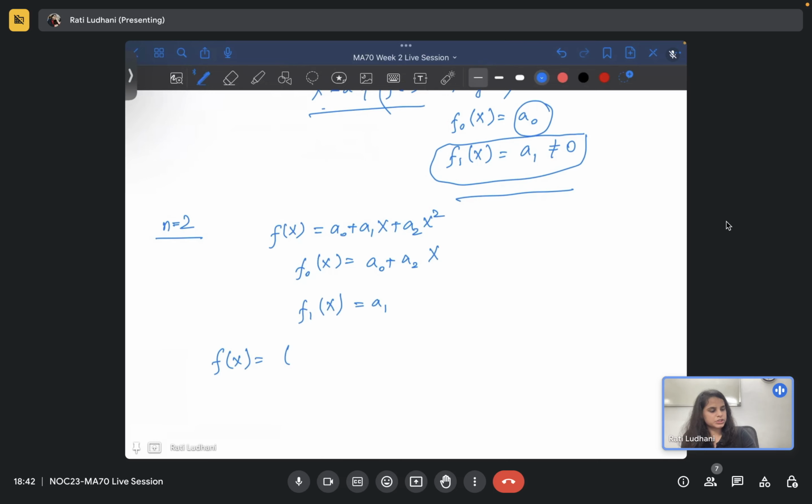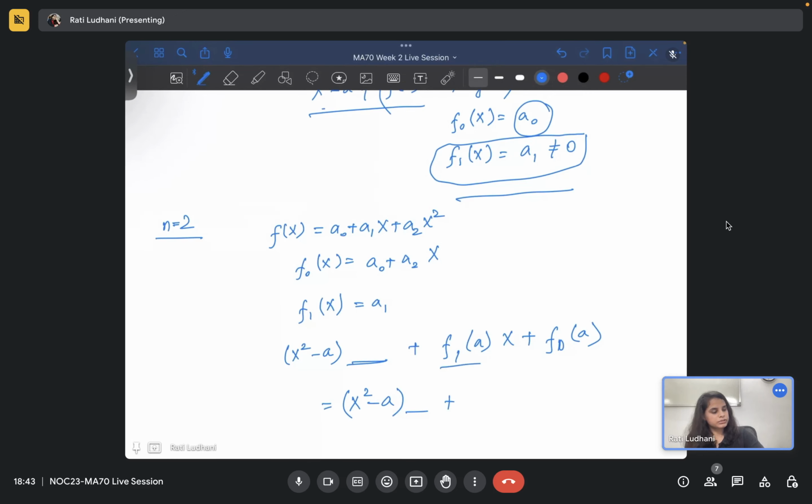I want to write f(x) in terms of (x² - a)g(x) + r(x), where r(x) is exactly f1(a)x + f0(a). So I'm still keeping g(x) blank. You can tell me what this should be.